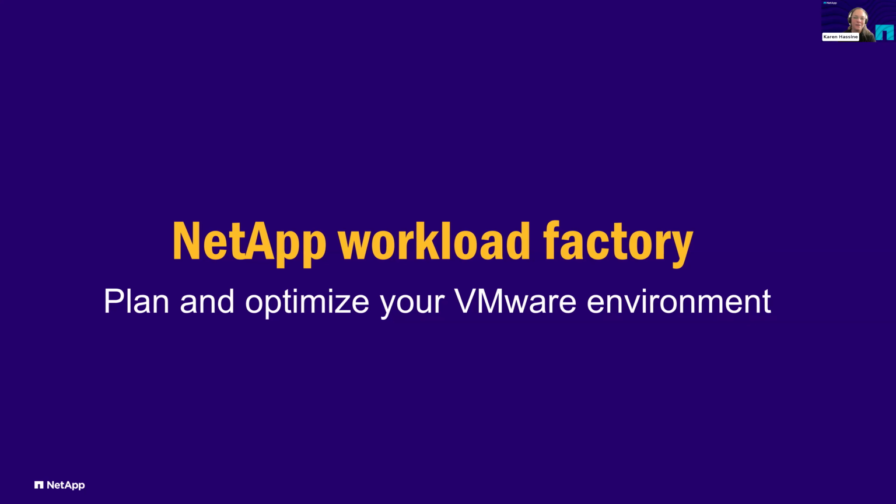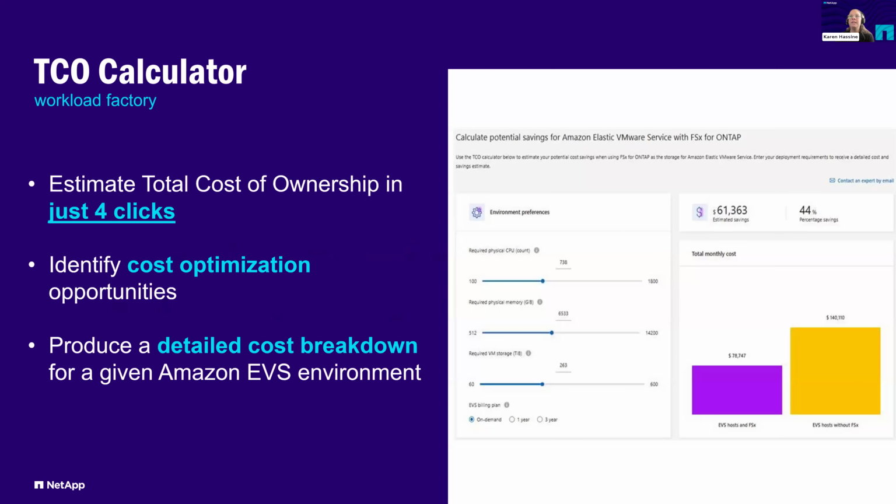And actually Ido here is one of the people that works on developing new features for Workload Factory, specifically for VMware workloads. And here, what I want to show you is two tools within Workload Factory that help with Amazon EVS. The first one is the TCO calculator.